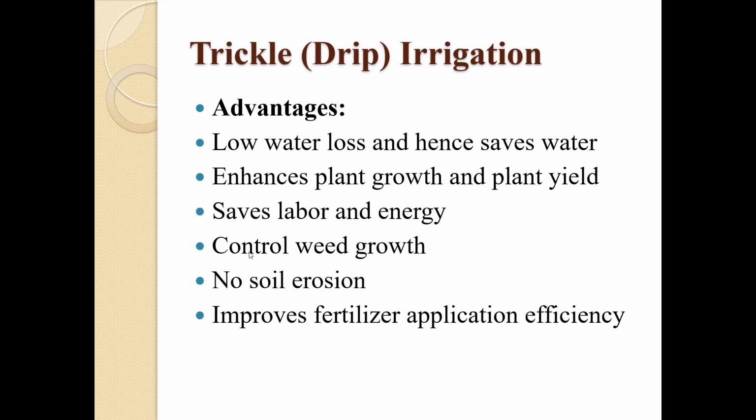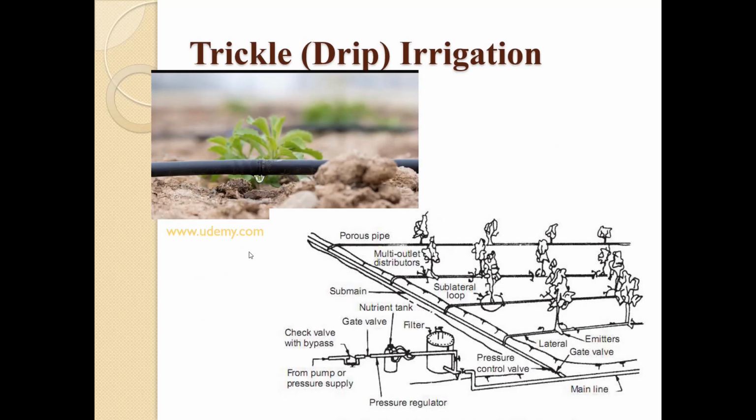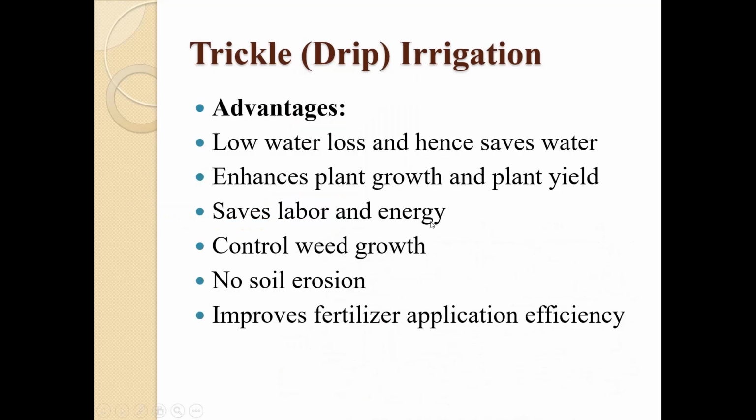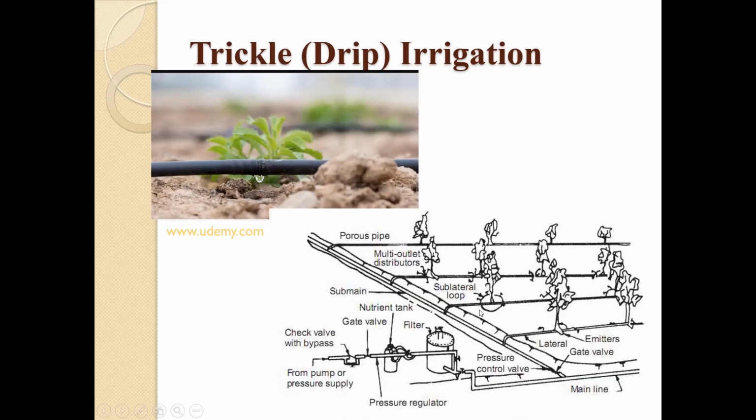Controls weed growth, as we are supplying water at the root. In other areas where earlier we used to have weed growth because of the flowing water, it is not there in this kind of system. No soil erosion, as we are supplying the water directly to the plant.